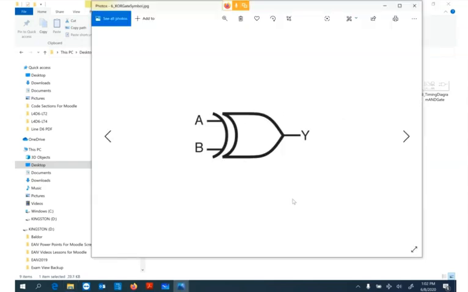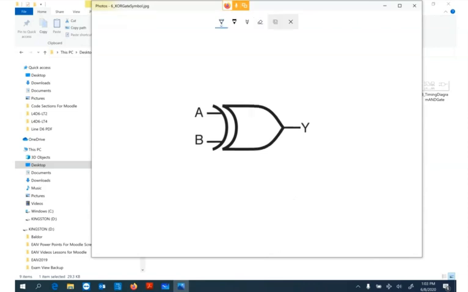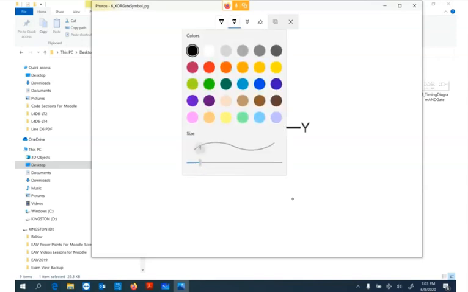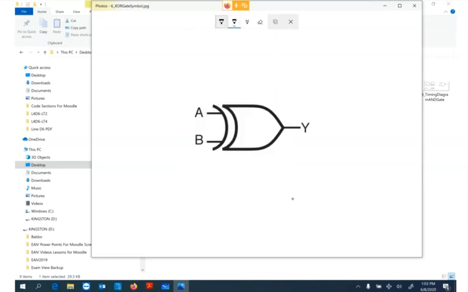And there's the symbol for the exclusive OR, and I'll see if I can get that truth table in here without being too messy. Make it black, make our line a little bit narrower here. Let me draw on here. Where is my pictures area? It's not going to let me do it.